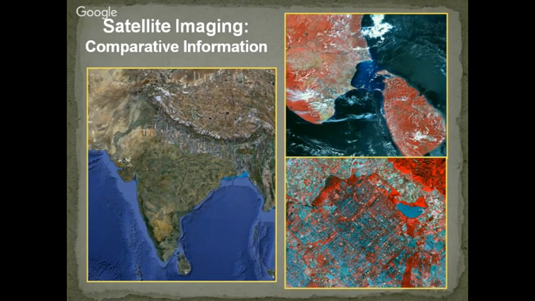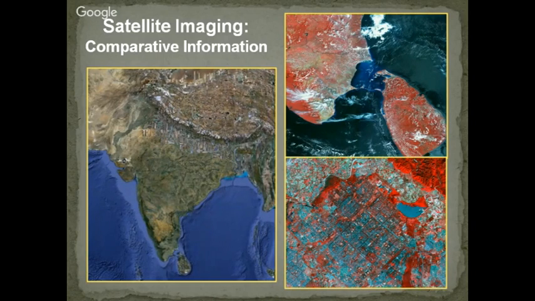Now, these different satellite images are on different spatial resolution, and they give information of different levels. For example, in case of India, we can extract the minimum amount of information, but that information pertains to a very large area.